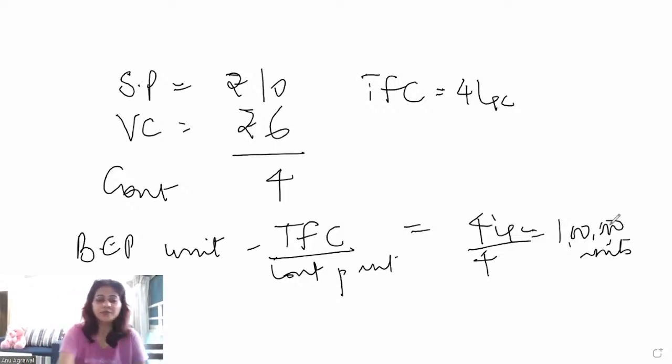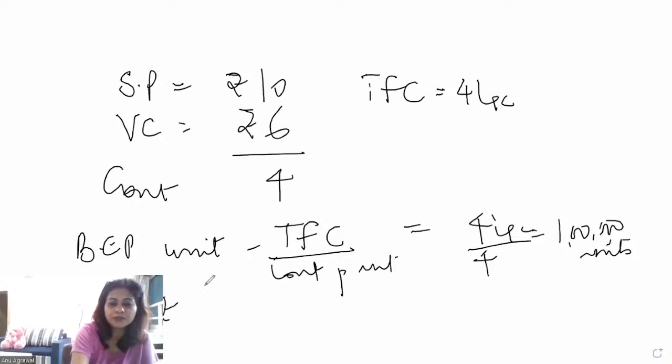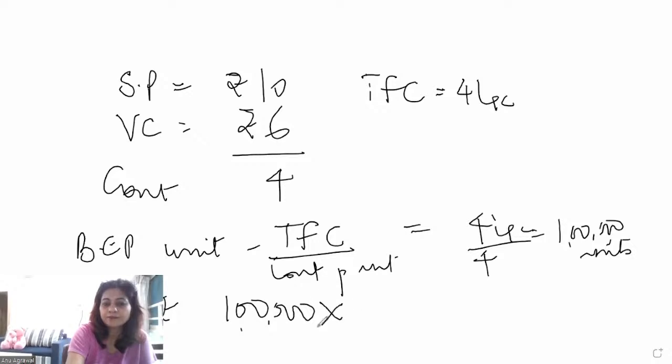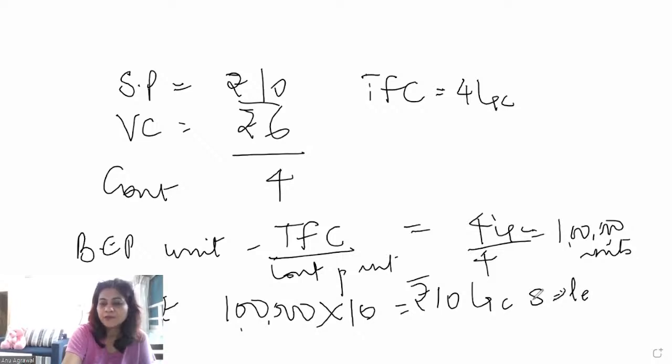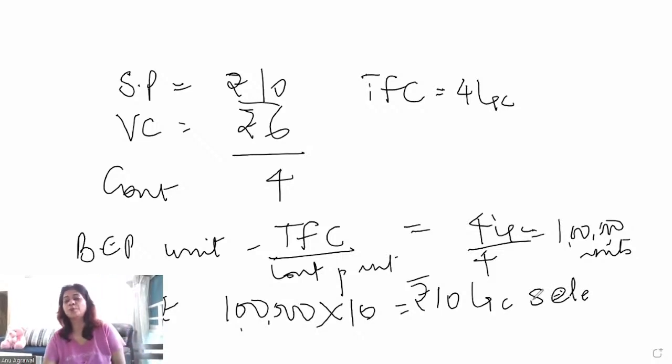Yes? So if you want to find out break-even point in rupee terms, this is unit terms. What will you do? 1 lakh into 10 rupees. You'll say, ma'am, at 10 lakh rupees of sales, I will be able to break even.